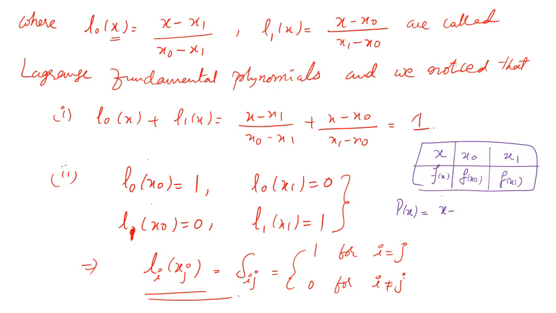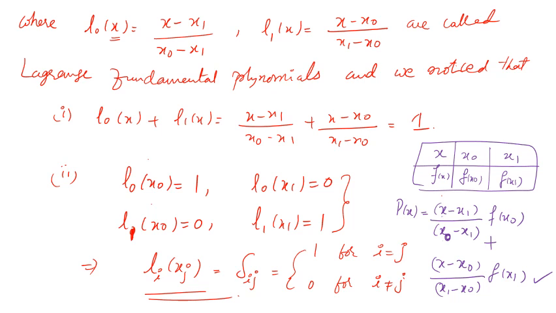For the first term, write the difference x minus x1, and in this expression replace x by x0, same expression but x replaced by x0, and write the function value at x0. This is the first term, plus. For the second one, write x minus x0 as the difference, divided by the same with x replaced by x1, and the function value at the second data point. This is Lagrange's interpolation polynomial.